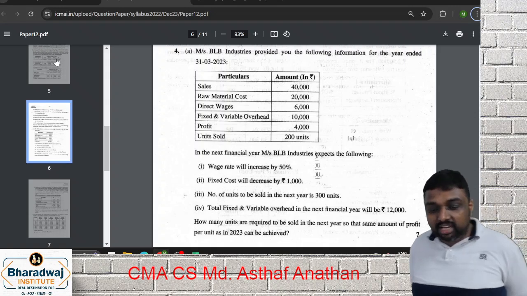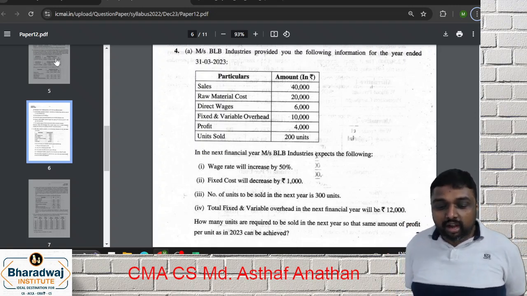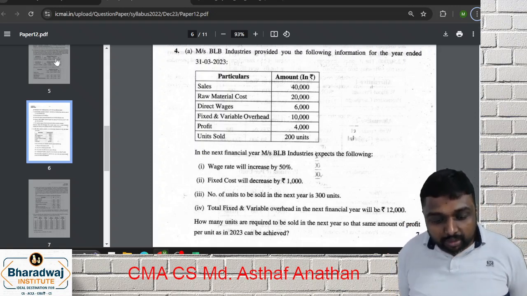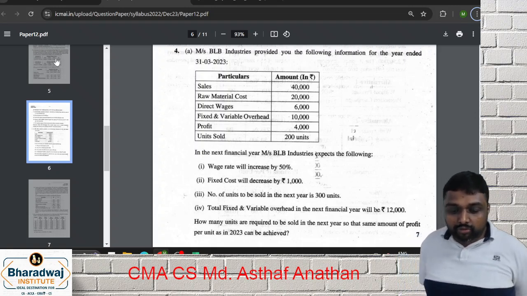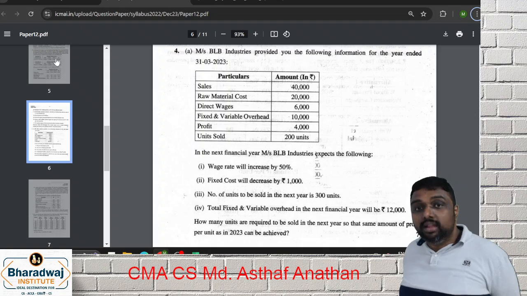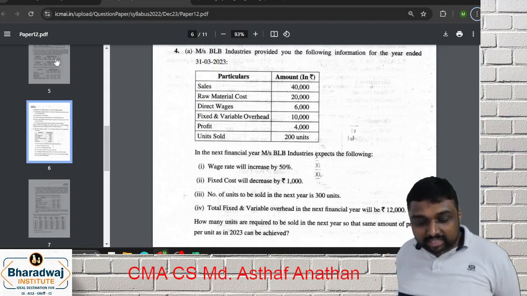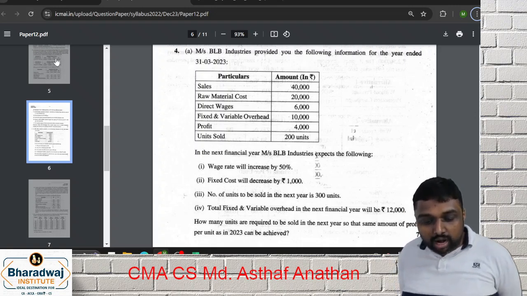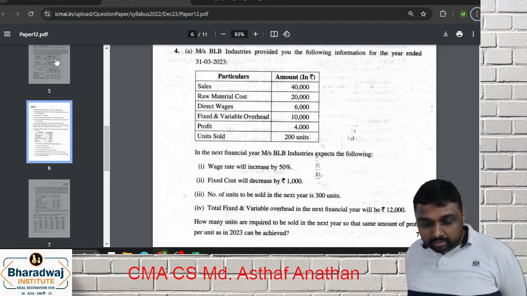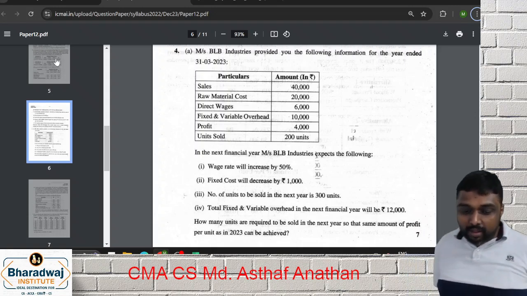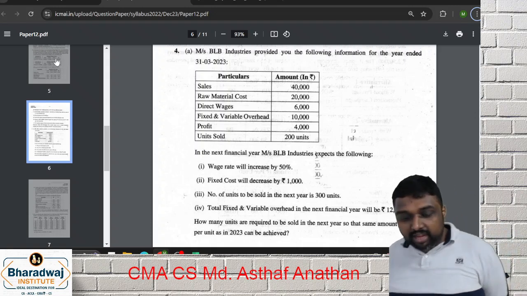In the next financial year, they expect wages to increase by 50%, fixed cost to increase by 10,000, number of units sold to be 300, and total fixed and variable overhead to be 12,000.